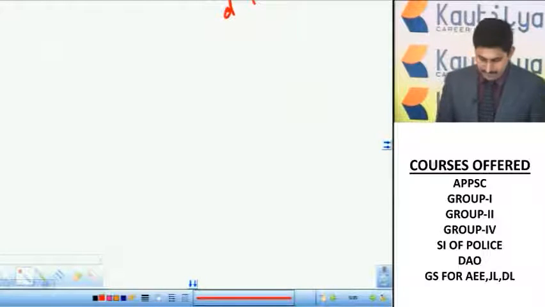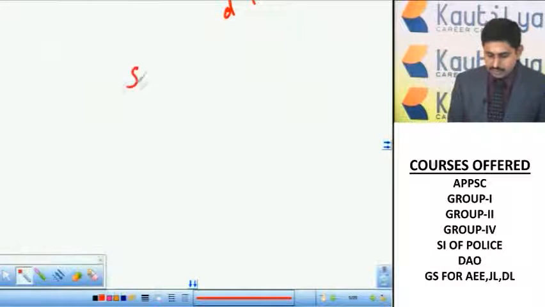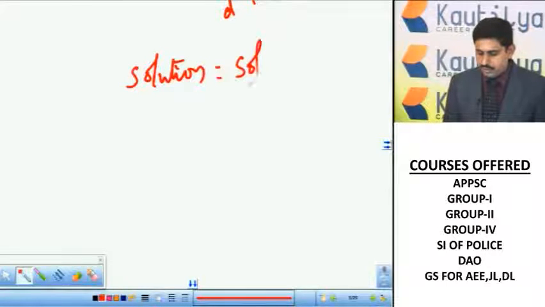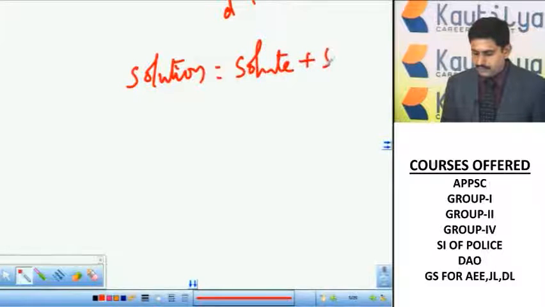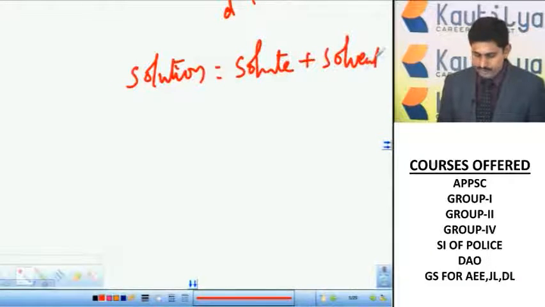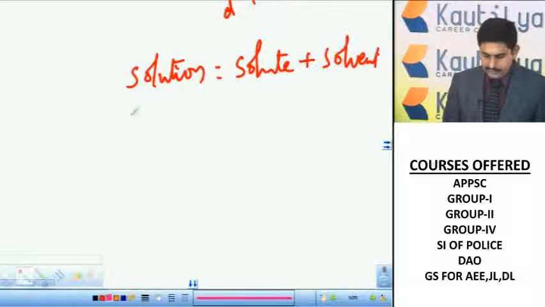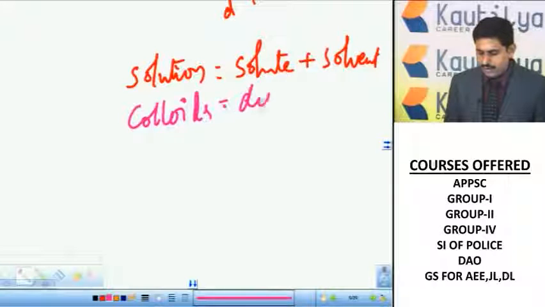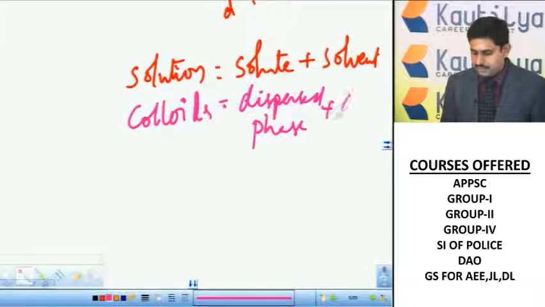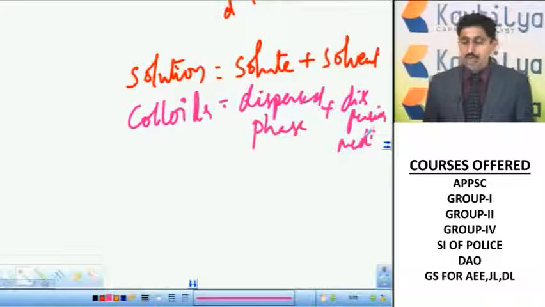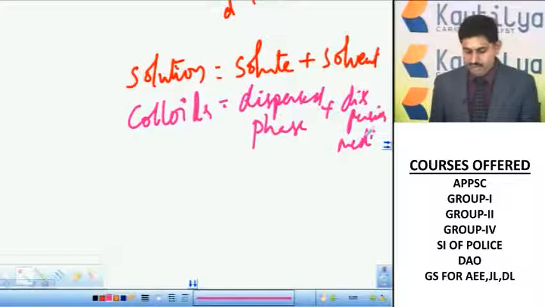Just like a solution is equal to solute plus solvent, colloids, or a colloidal solution, is equal to dispersed phase plus dispersion medium. Here the water drop is the dispersed phase, and air is called the dispersion medium.